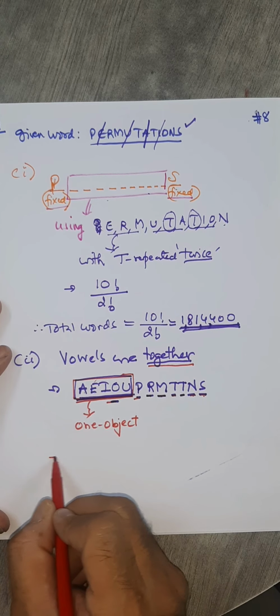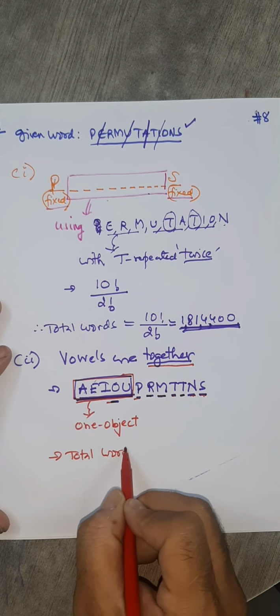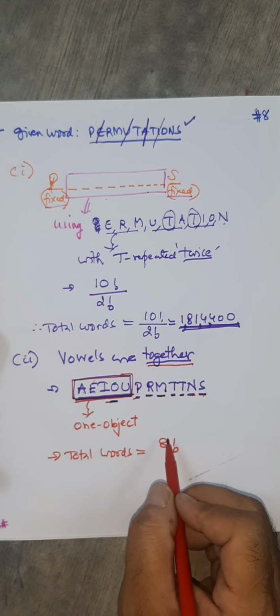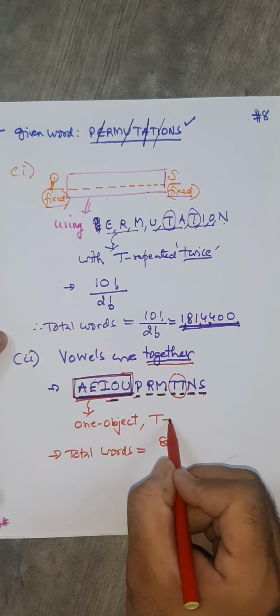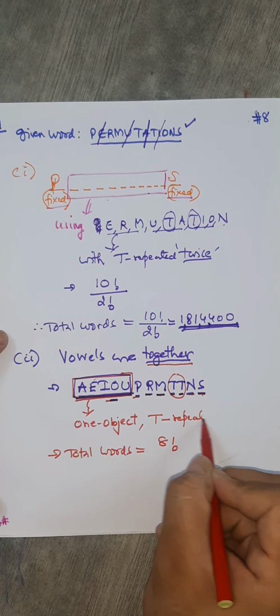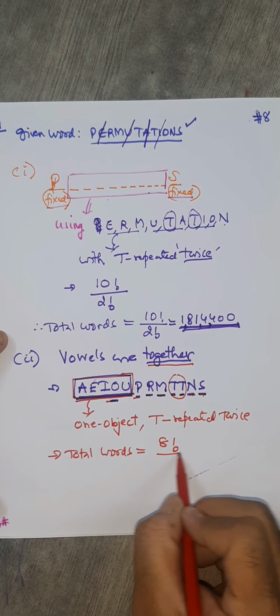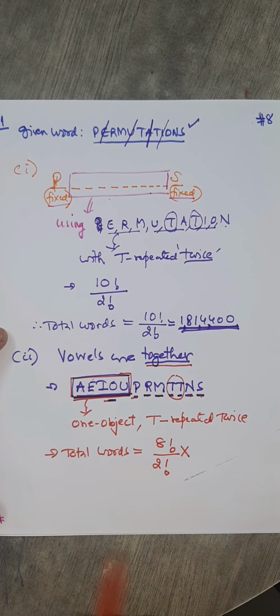So total words in this case equals first 8 factorial. Is there any repetition? Yes, T is repeated twice, so upon 2 factorial. Into, now what is into?